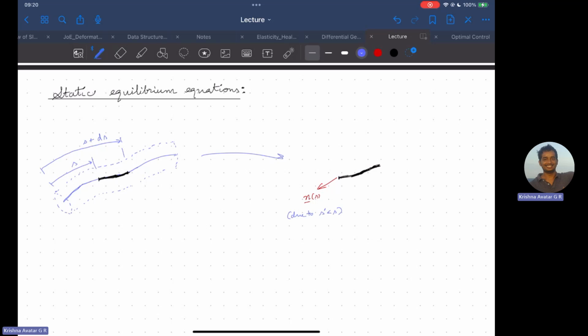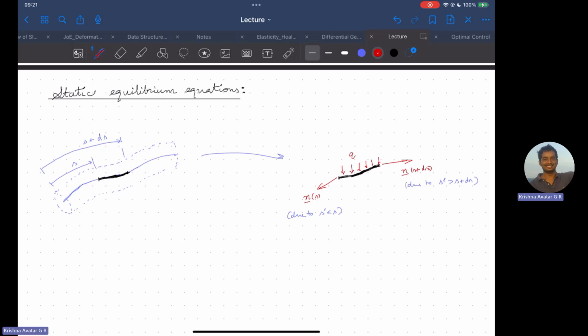And on the other side, we again have pulling by N of s plus ds, and this is due to s prime greater than s plus ds. And then we also saw that there is some sort of distributed load here.